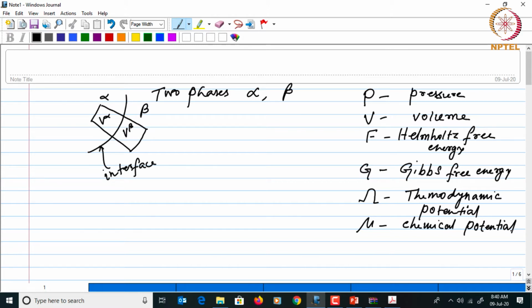So these are the terms that we are going to use, and if there is any more, I'll define that. So let's come back to this. So these are the two phases that we have here, alpha and beta, separated by a curved interface.